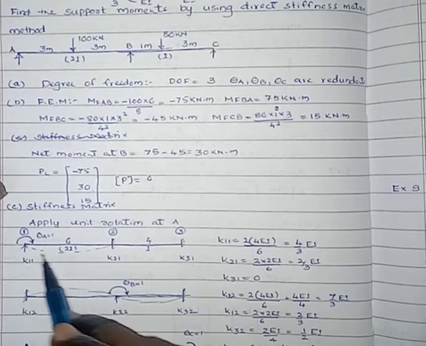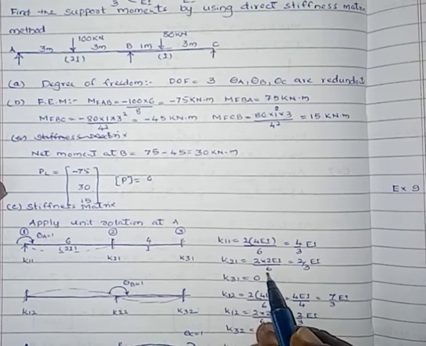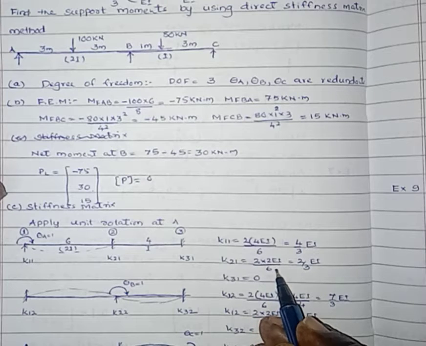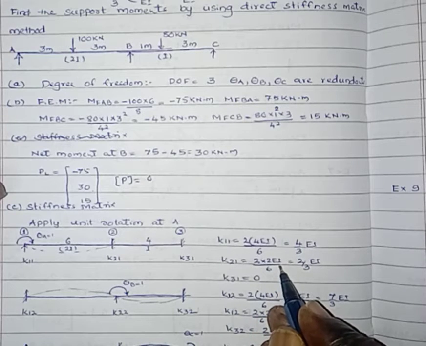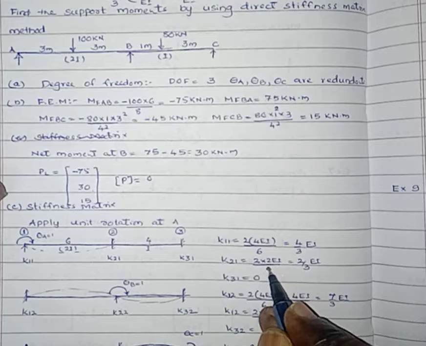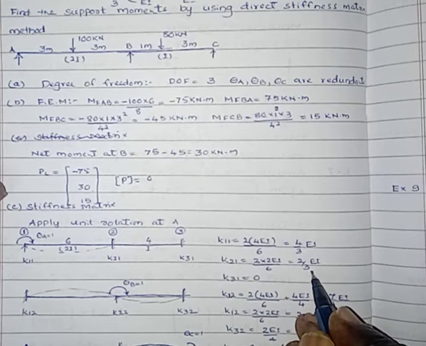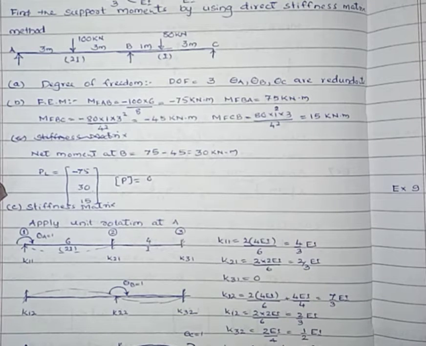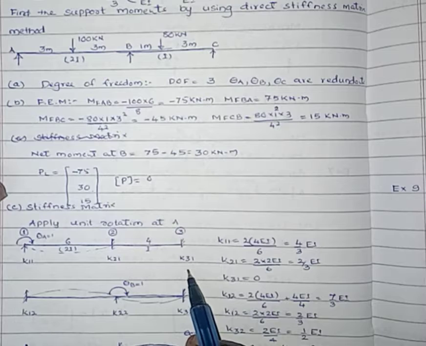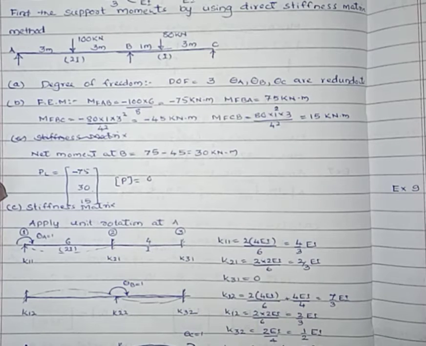Then K21 for span B to A, the far end, is 2EI by L. Here the moment of inertia is 2, hence 2 into 2EI by 6, that is 2/3 of EI. There is no effect of the unit displacement at 1 on coordinate 3, therefore K31 is 0.